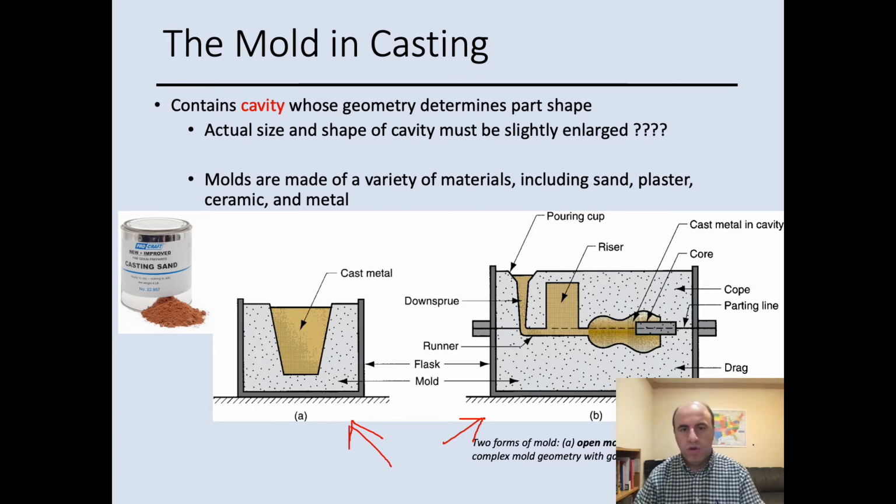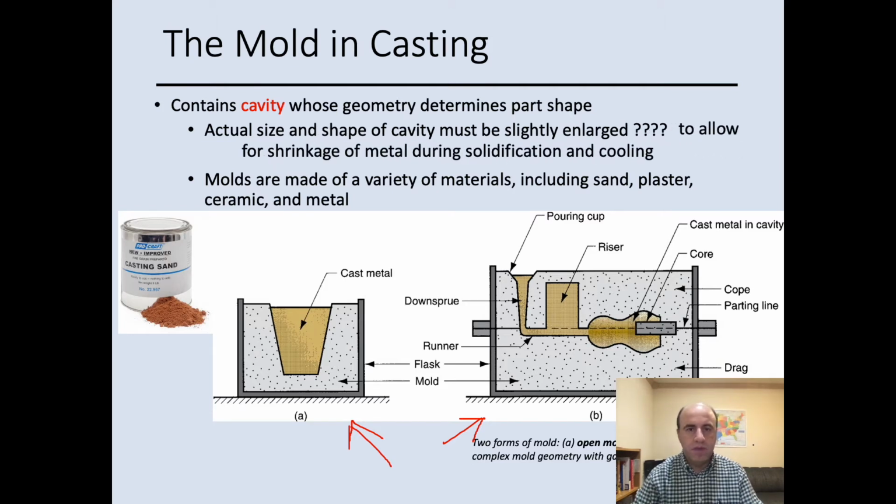And the molds are made of various materials like sand, plaster, ceramic, and metal. Here is the answer to the question which I asked already. We need a larger size for the cavity to allow for shrinkage of the metal during the solidification process.